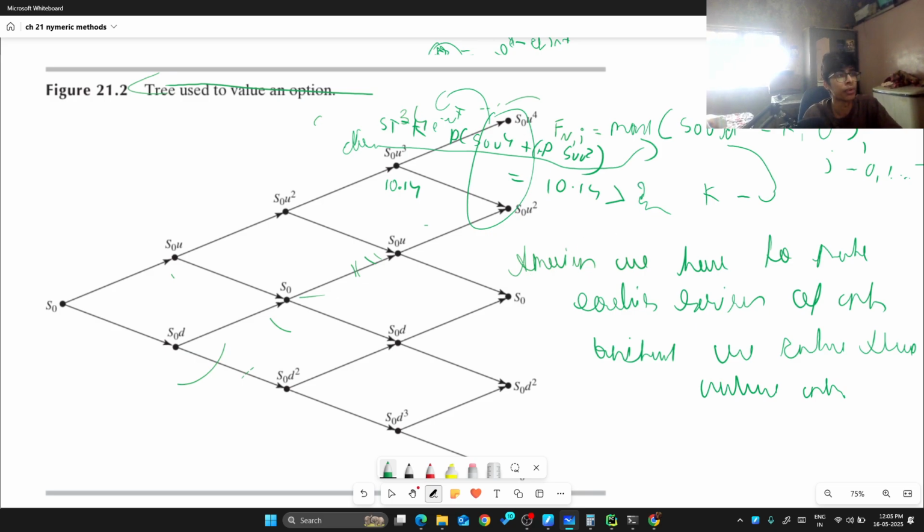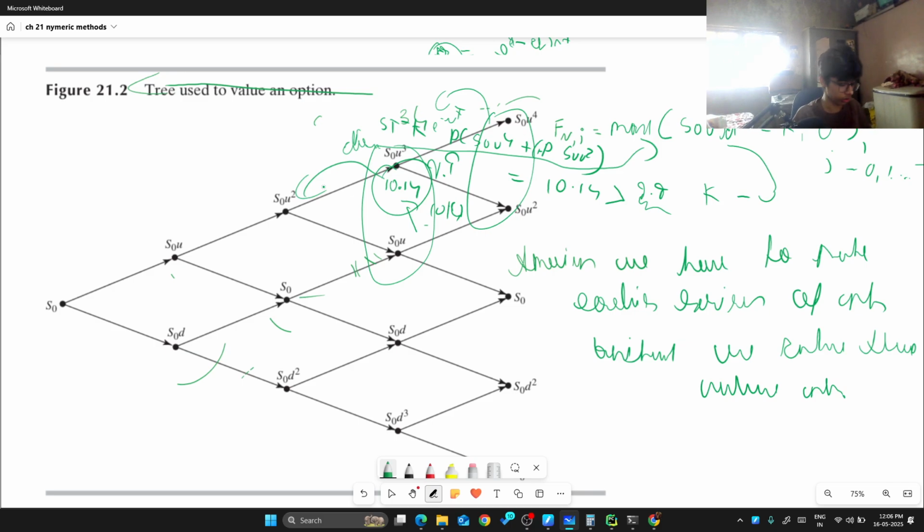So the option value would be considered as 10.14 in accounting, and instead of 9.9, 10.14 will be used for finding the option price at another node.